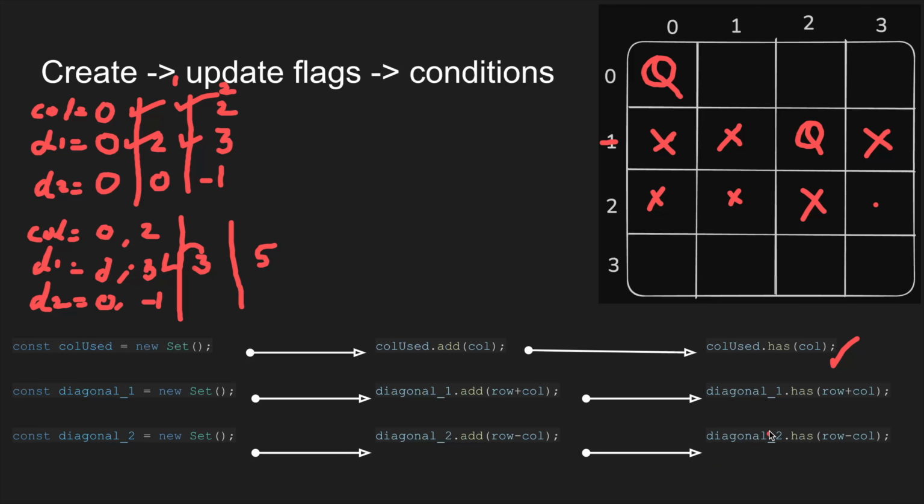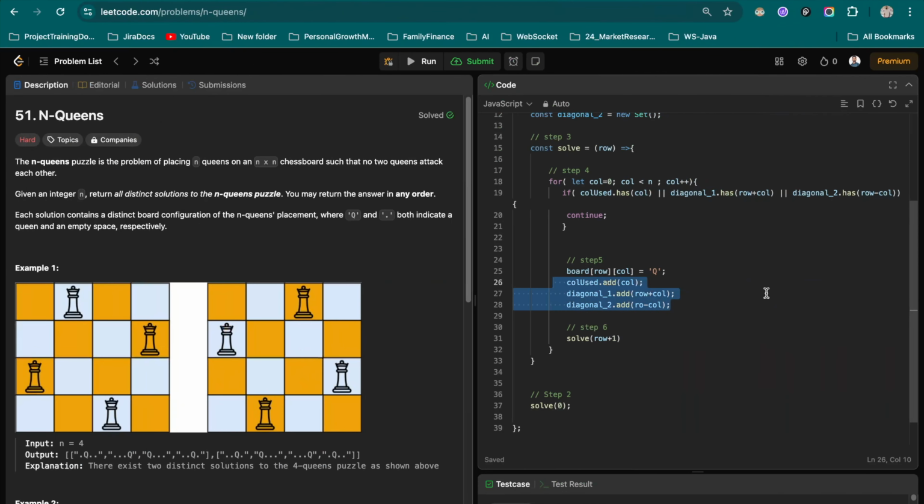But with the third condition, that's diagonal 2, row minus column, this 2 minus 3, minus 1, it is checked in this, it has minus 1, so you cannot put the queen here as well. Now we have done with all the columns. Then it will come out of this loop of solve, that is the recursive function.